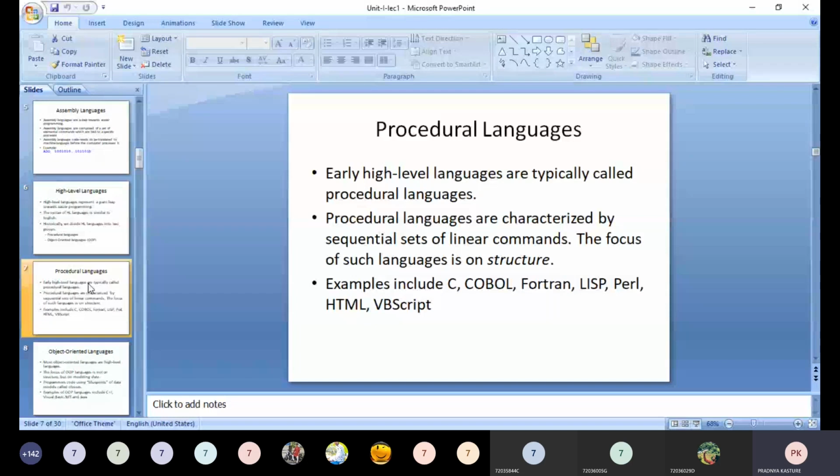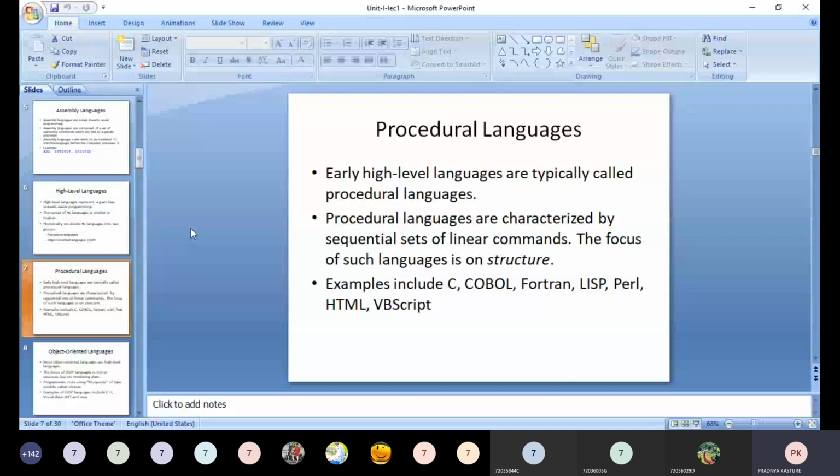It is a very good language that came out as a procedural language. Apart from that, there are certain languages used for different purposes: COBOL, Fortran, Lisp, and Perl, and for the web, HTML and VB script.